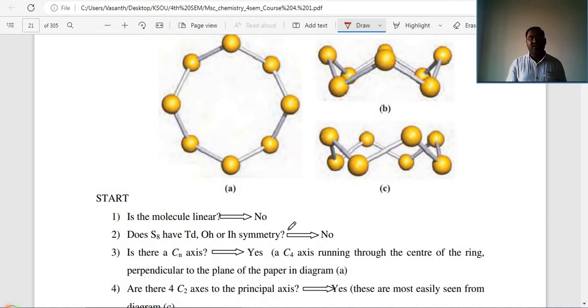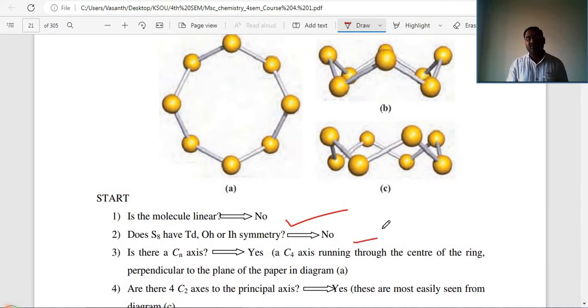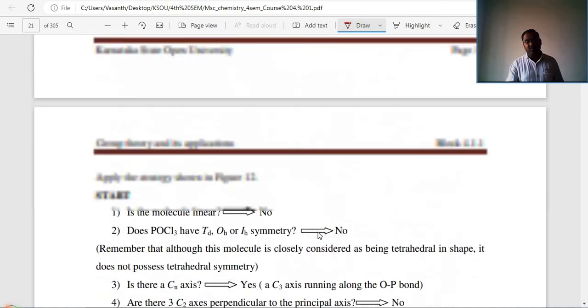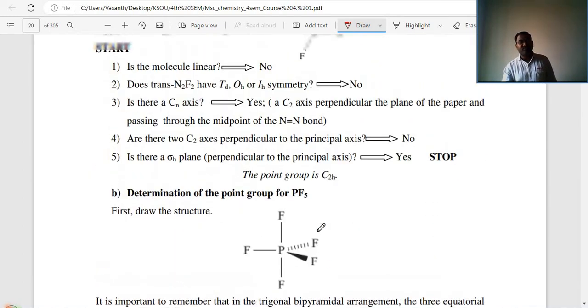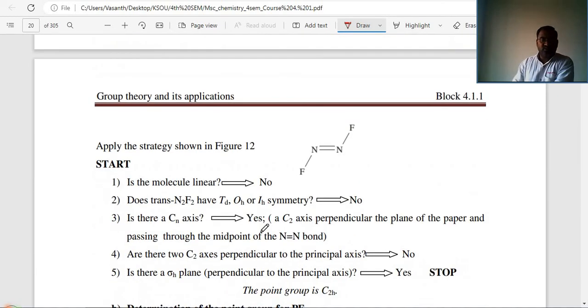Here, first we have to calculate how many bonds there are. These three molecules are very important. For N2F2, there is a Cn axis, yes. There is a C2 axis perpendicular to the plane of the paper and passing through the midpoint.